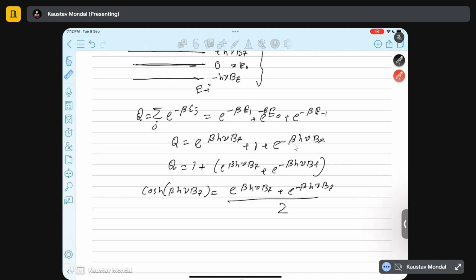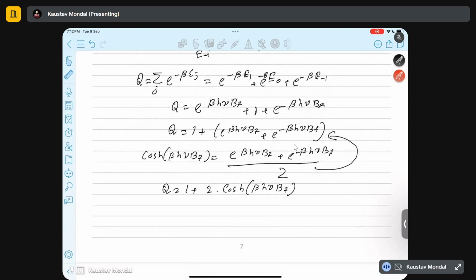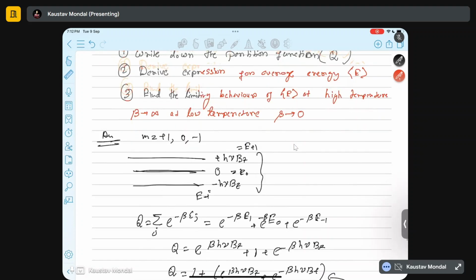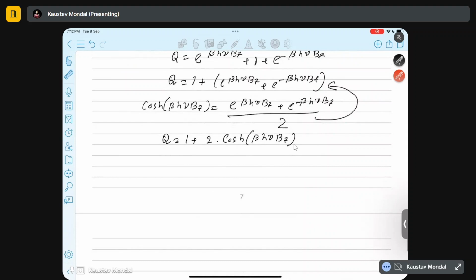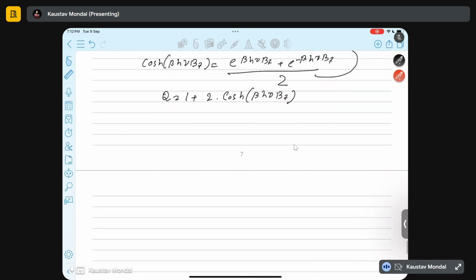Now if you substitute this here, then the q expression will become 1 plus 2 into cos hyperbolic beta h nu Bz, right? So this is the expression of the molecular partition function q.